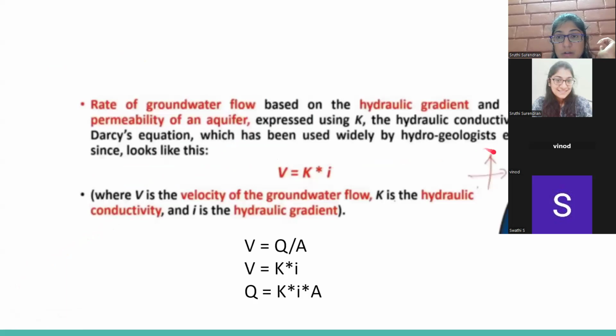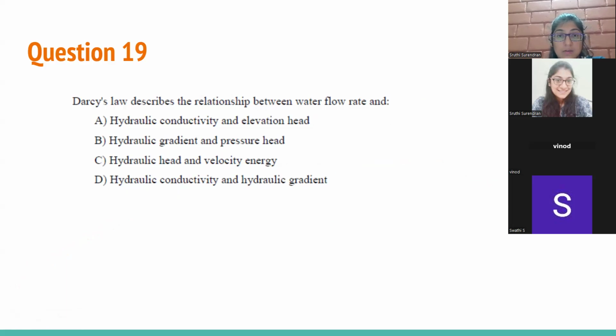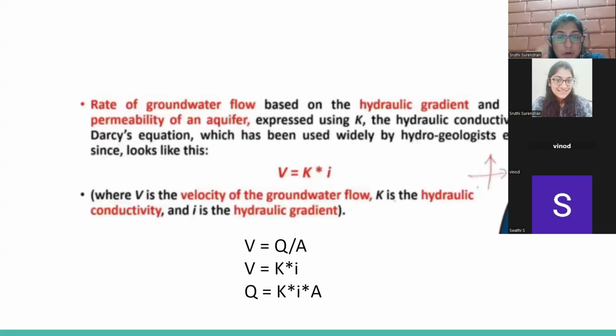So we all know what Darcy's law is and what quantities it is emphasizing on, the velocity and the flow rate. So here the question is, how is it describing the relationship between water flow rate? So water flow rate is usually the product of the hydraulic gradient and hydraulic conductivity as well as the cross sectional area.